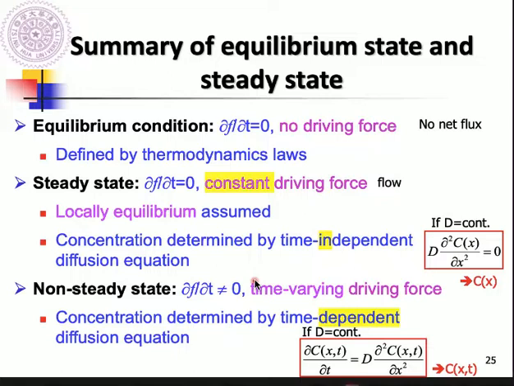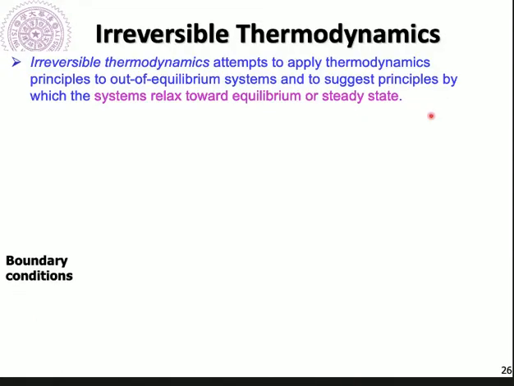Okay, in this slide we are going to show you how we can expect or estimate whether our system will move toward equilibrium or steady state. Before that, you need to have some picture of the term we call irreversible thermodynamics.